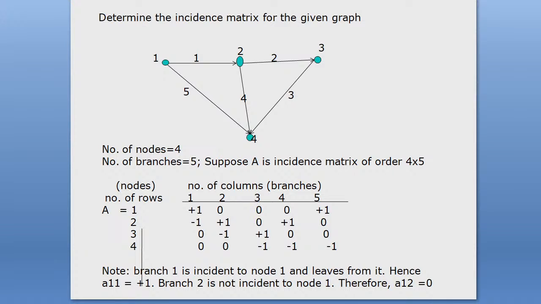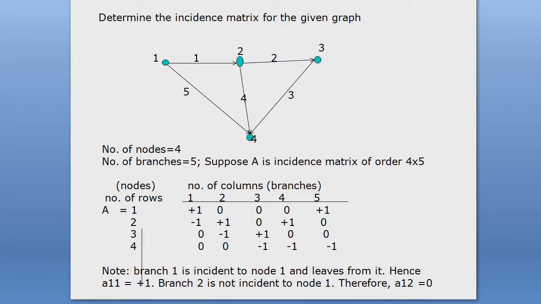So this is one property of the incident matrix. So the property of the incident matrix, you note down that the sum of values of elements for an individual column of an incident matrix is equal to 0.